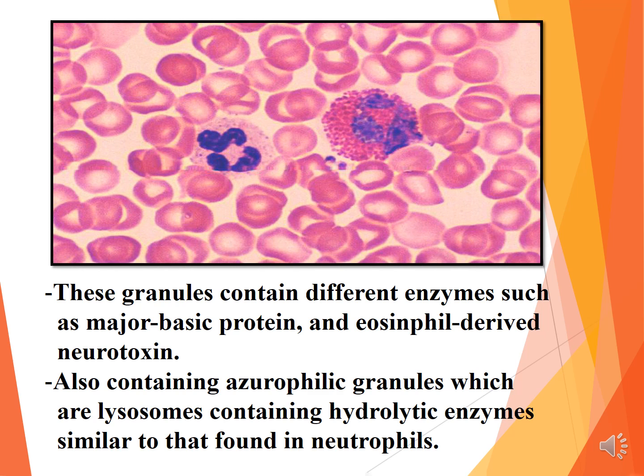These granules found in the cytoplasm contain different enzymes such as major basic protein and eosinophil derived neurotoxin. هذه السموم تساعد الإيوزينوفيلز بعملية تحطيم الميكروأورغانيزم. Also containing eosinophilic granules which are also considered lysosomes found in the cytoplasm. These eosinophilic granules contain hydrolytic enzymes similar to those found in neutrophils.